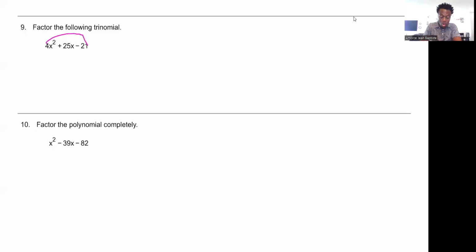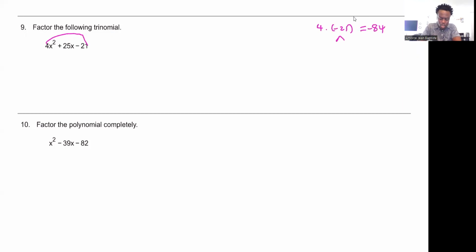Okay. And then next problem here, we multiply 4 and -21, because the GCF is 1, so we want to multiply. 4 and -21 is -84.